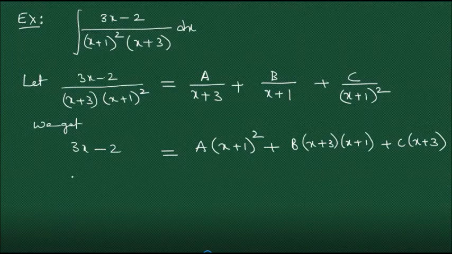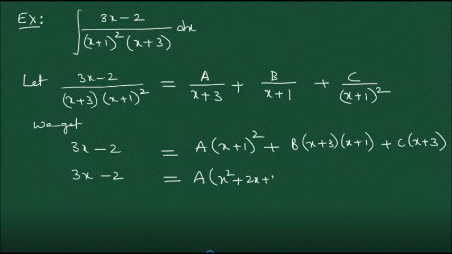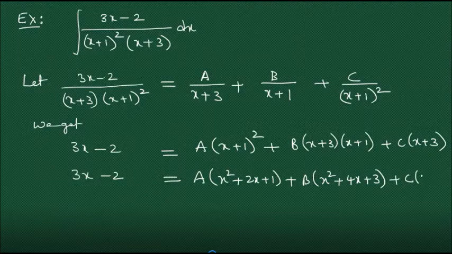Now on opening the brackets, 3x minus 2 is equal to a times (x square plus 2x plus 1) plus b times (x square plus 4x plus 3) plus c times (x plus 3).